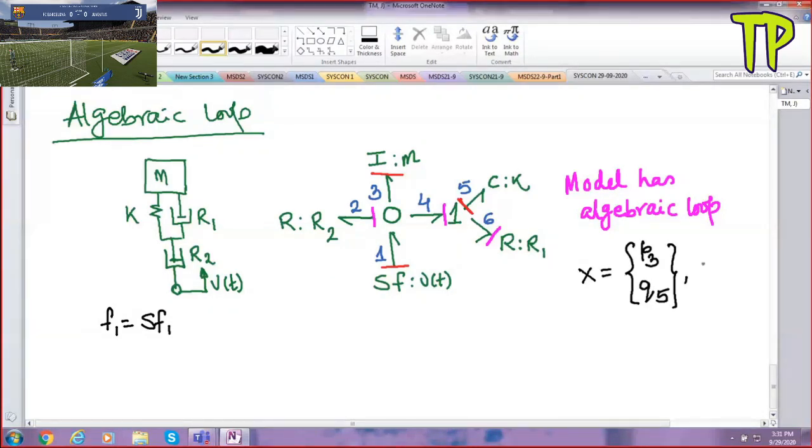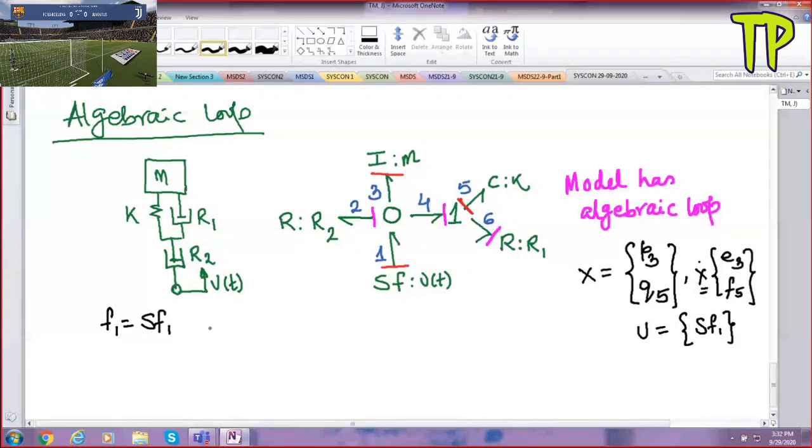State derivatives, of course, we know: E3 dot, F5 dot (Q5 dot). One input. No sensors, no outputs. So we don't write the Cx plus Du equation.